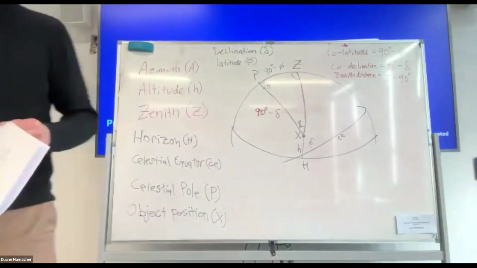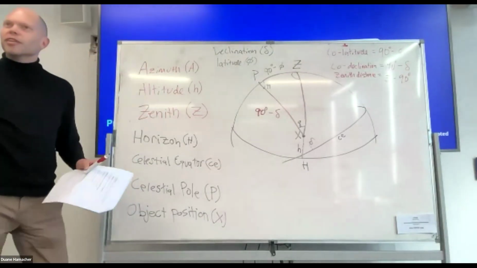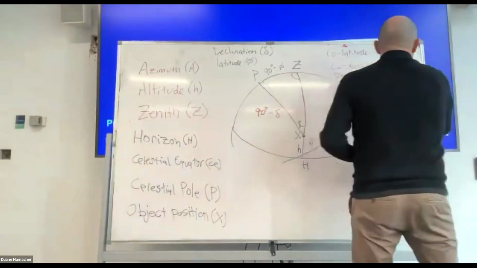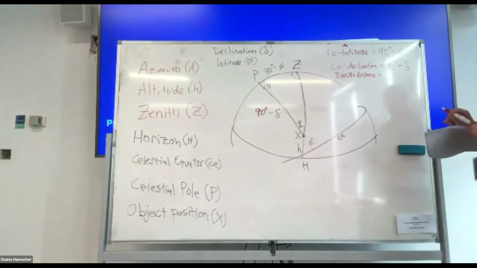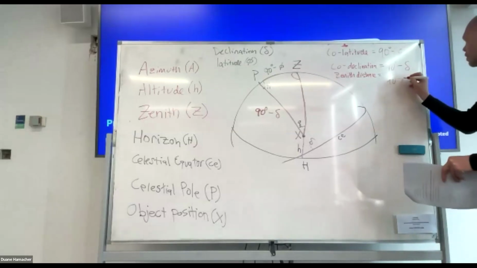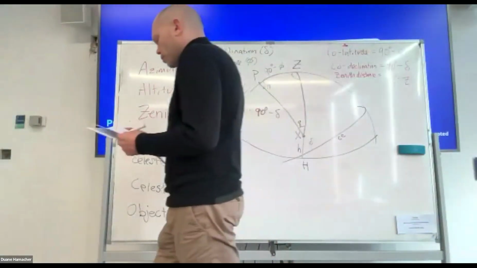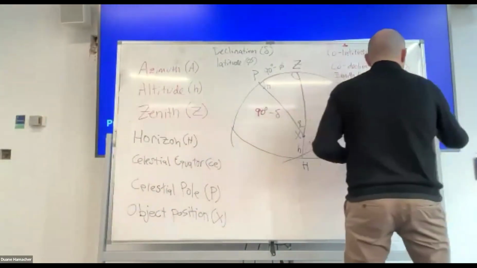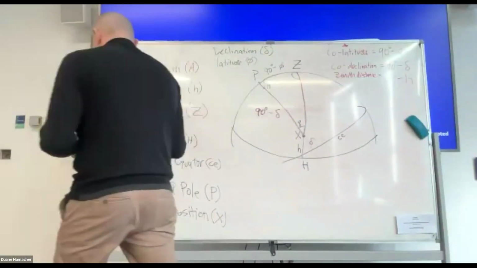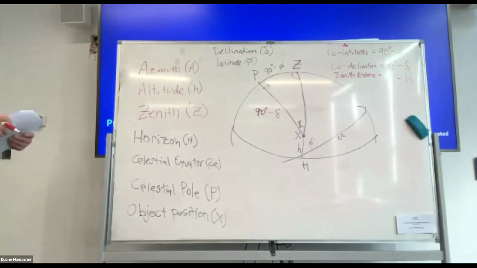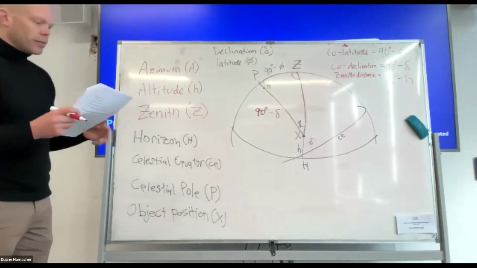Well, if that's 90 minus phi, that's 90 minus delta. What do you think this is? 90 minus Z, right? 90 minus the zenith distance. And of course, we're going to be looking for our azimuth, which is A, right?